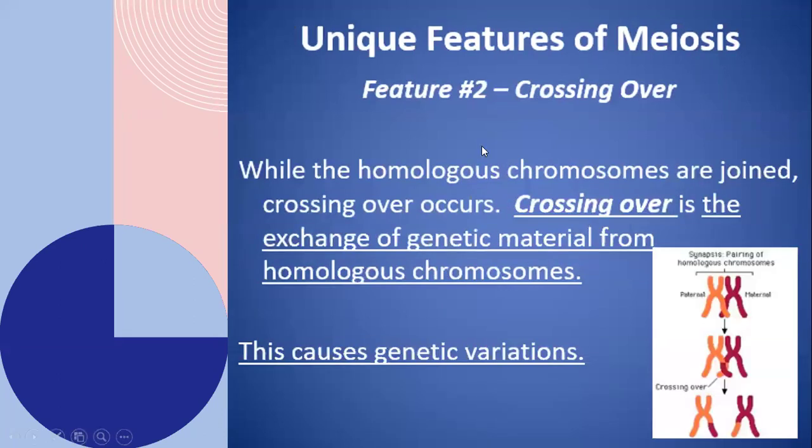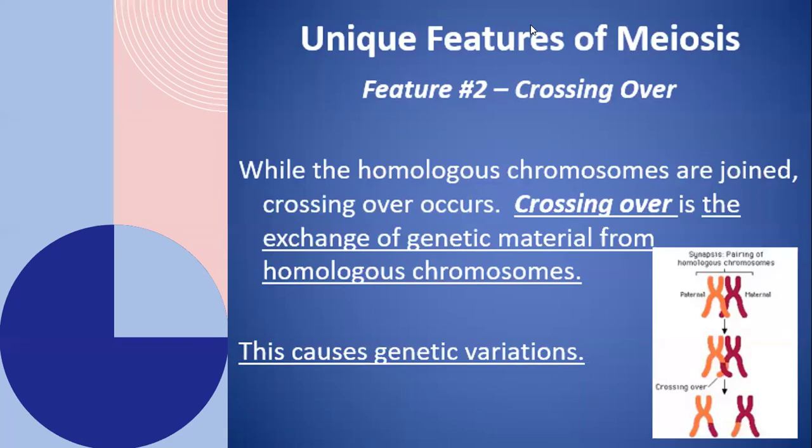Another unique feature we have is crossing over. So in crossing over, when that synapsis occurs, the homologous chromosomes are going to exchange genetic material. So this allows for genetic variations. Remember, in mitosis, there was no genetic variation, but meiosis is going to produce cells that are genetically variable. And this genetic variation is because of crossing over taking place. So where that synapsis occurs, we're going to have crossing over where there's exchange of genetic material.